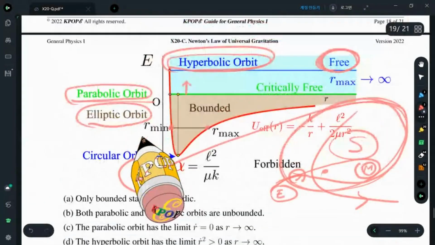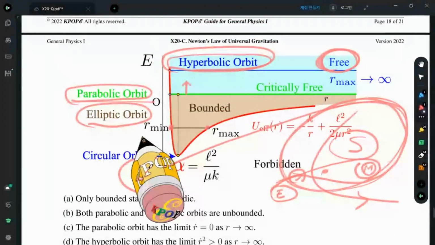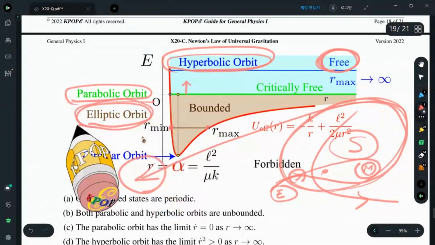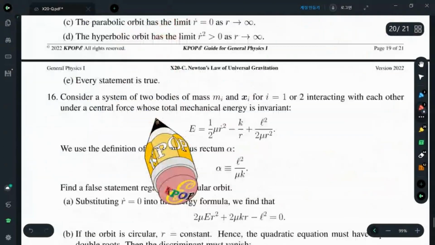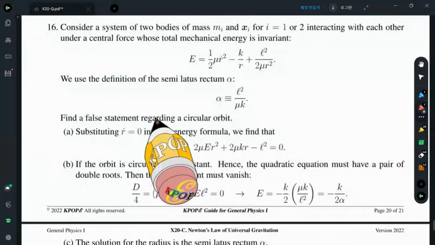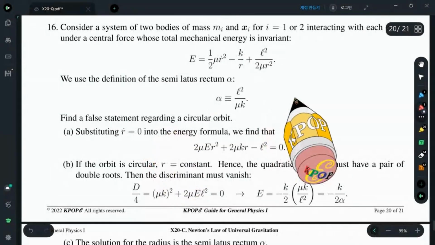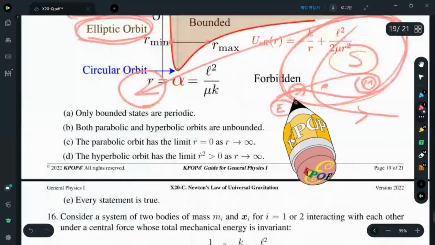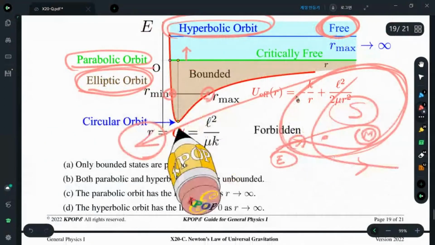All of this was found based on the observation of Kepler's elliptic orbit. Now we consider the two solutions.